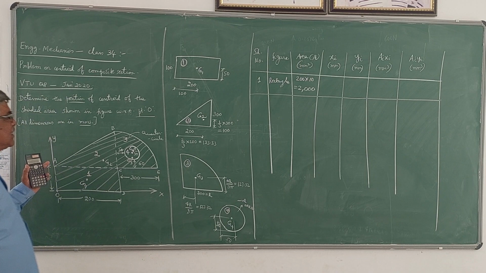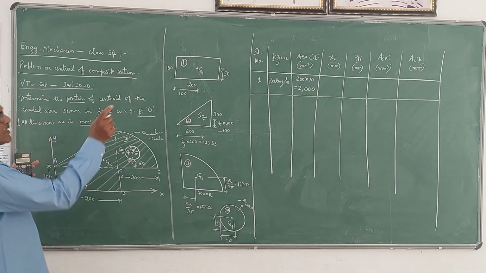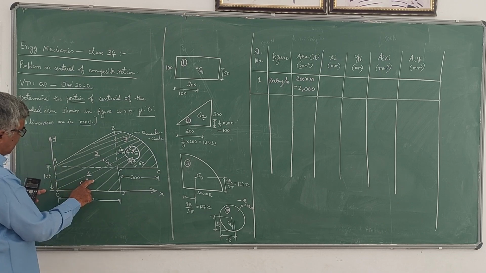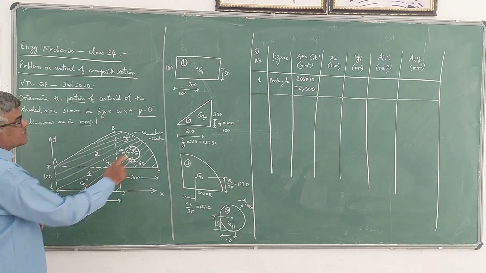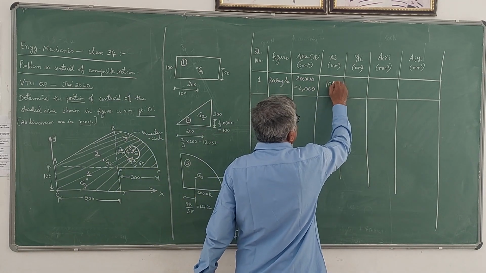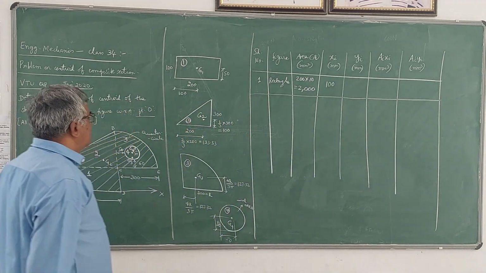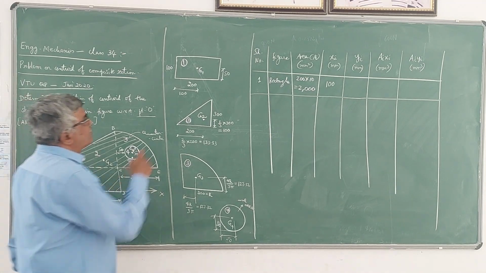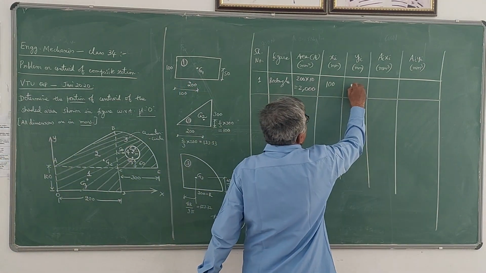First, let us write the distance, xi distance. Xi distance for this G1 is this horizontal distance, which is nothing but 100. So from the y axis, it is a distance of 100 mm. Yi distance is this distance because this is x axis, which is 50. So I have shown that there. This is 50.